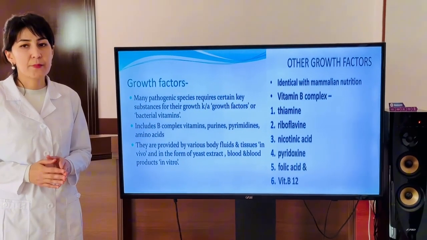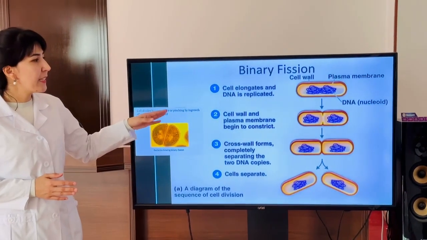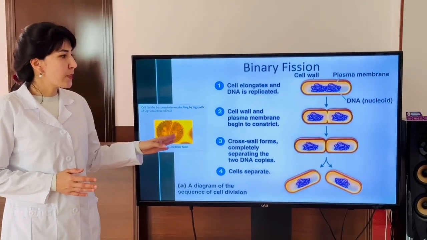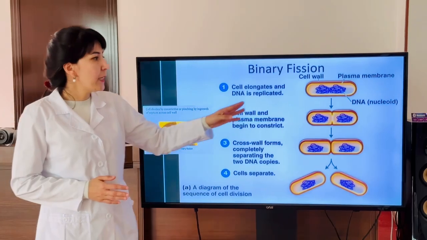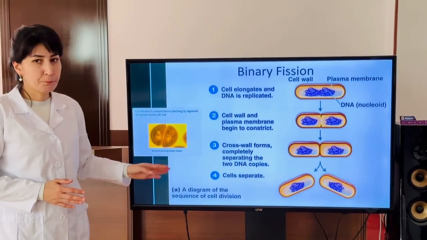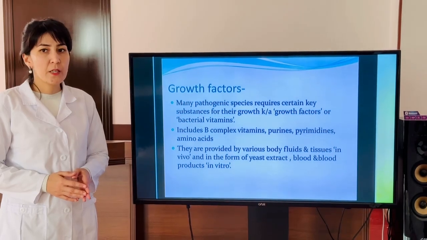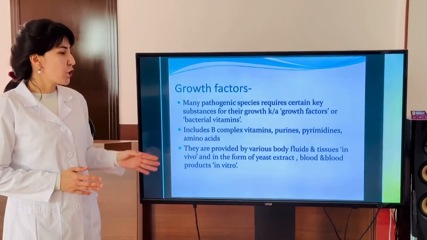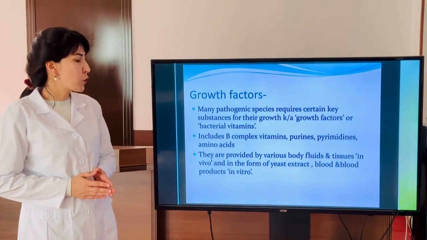Here we can see the binary fission of bacteria, how they divide.